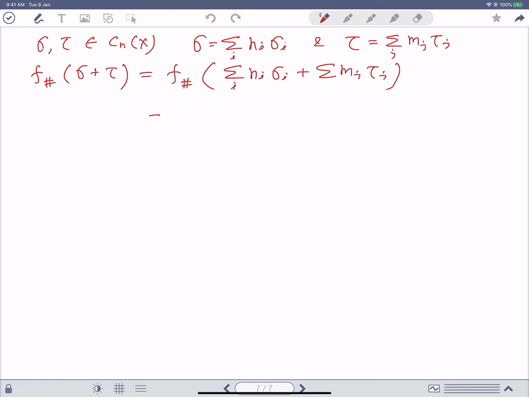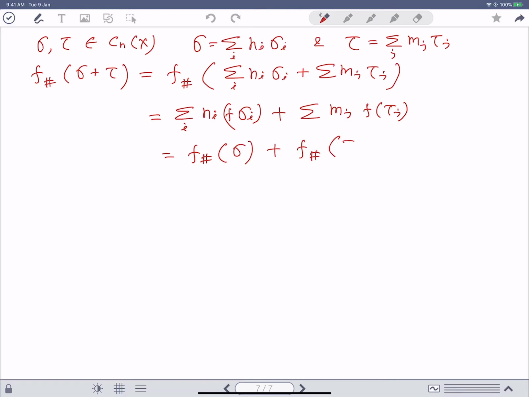Therefore by definition it is the summation over i of n_i f of sigma_i plus the summation of m_j f of tau_j, and this is f hat of sigma plus f hat of tau.